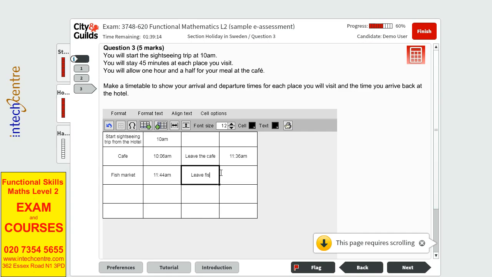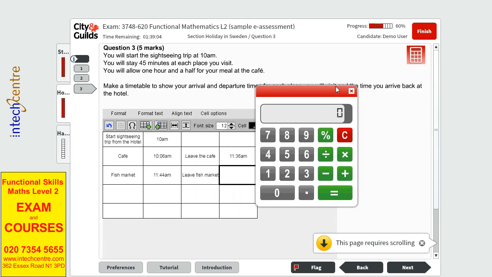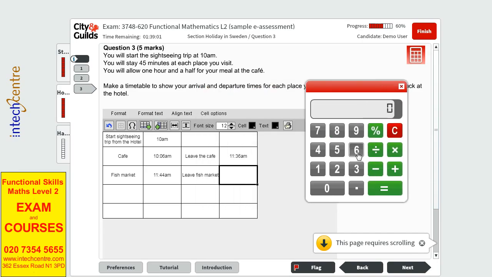Leave the fish market, actually, at 44 plus 45. So when you deal with hours, you have 60 minutes in an hour. You can take away the 44 minutes and you find out how long it will take for you to make the complete hour.